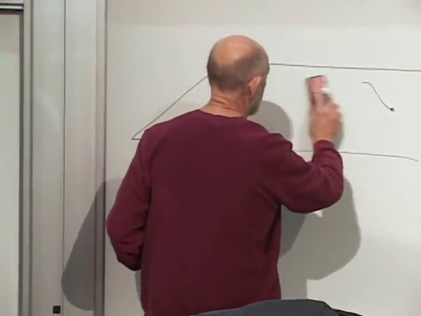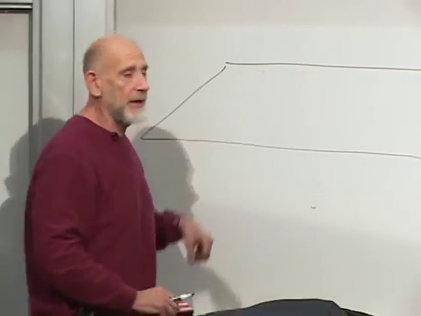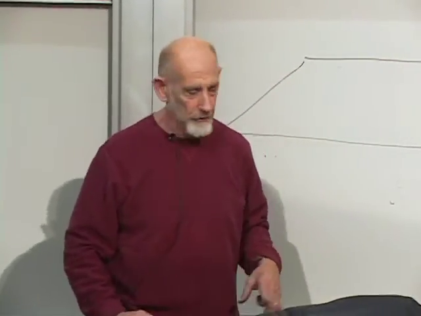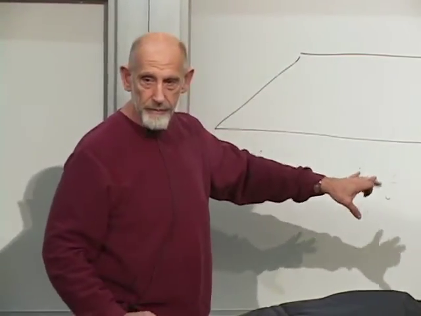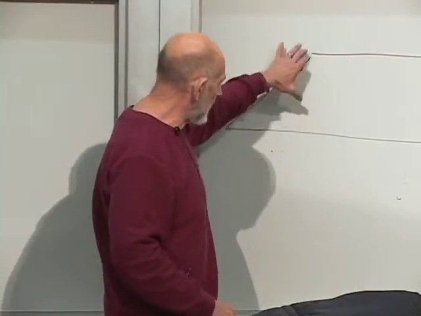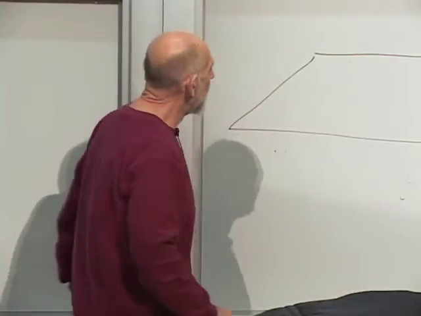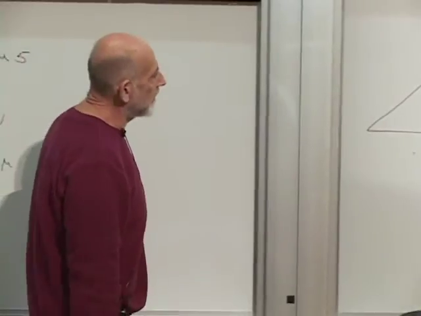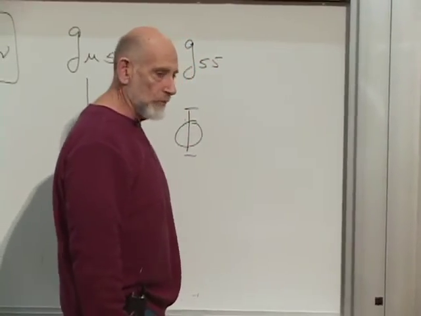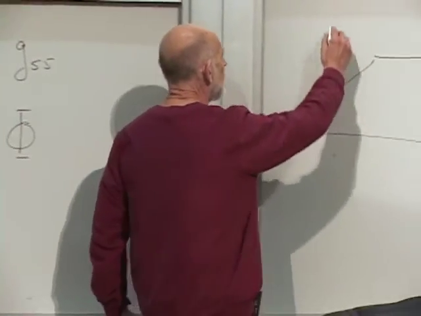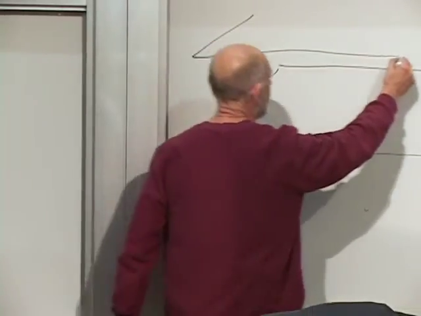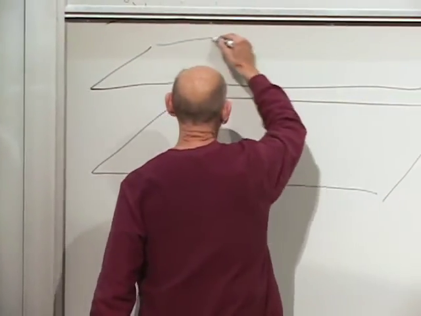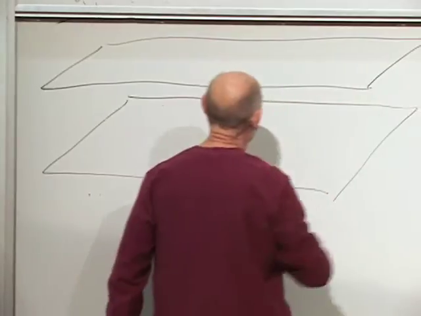Incidentally, these open strings connected to the brane here do behave like photons moving around in the brane. They behave like photons in the lower dimensional theory. But let's imagine now that we had more than one brane. There's no reason why you can't have several branes, for example, parallel to each other.